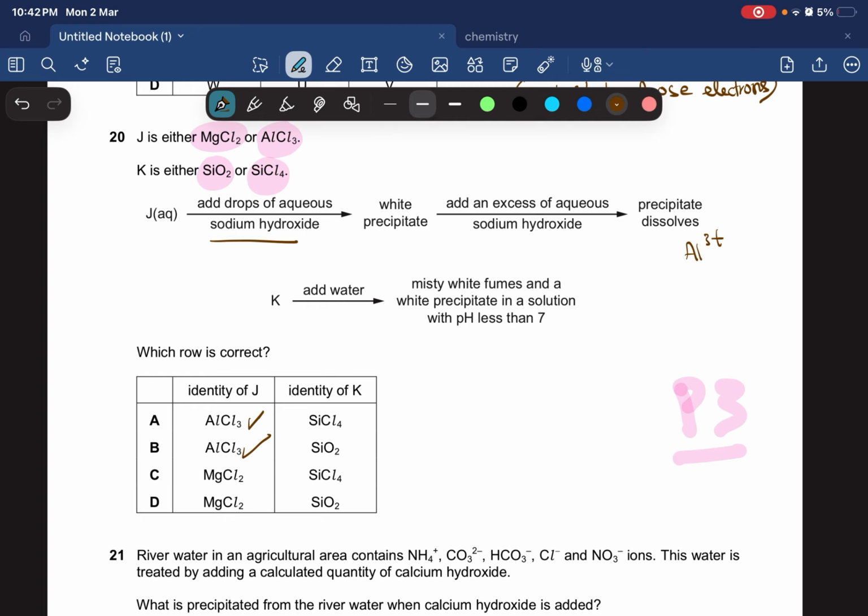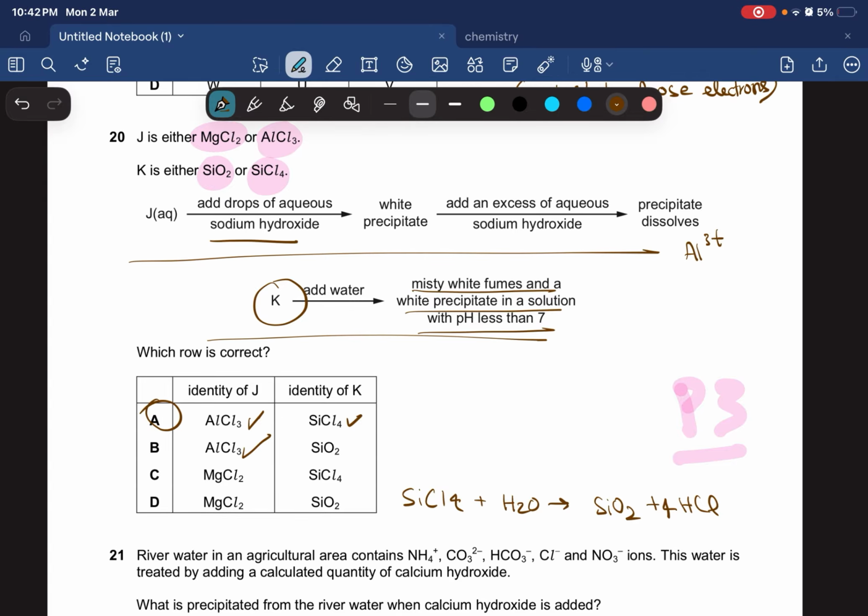And then K, add water, misty white fumes and white precipitate. What is going to happen is that when we add SiCl4 plus H2O, SiO2 plus 4 HCl forms. So this thing is going to be SiCl4. This was an easy question. You just had to learn the qualitative analysis and your reactions.